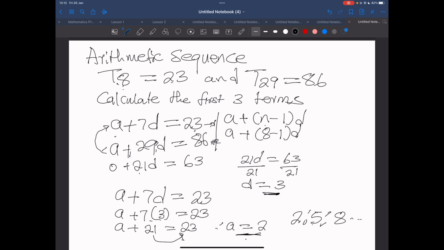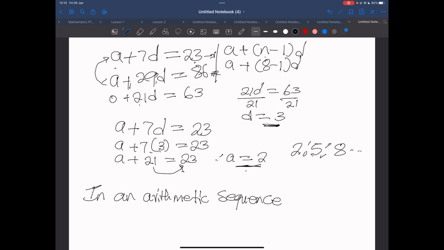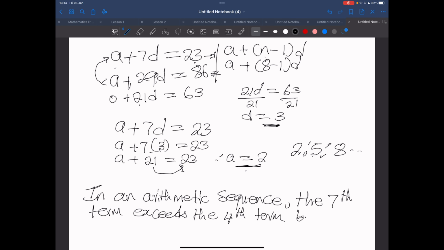It says that in an arithmetic sequence, the seventh term exceeds the fourth term by 15.